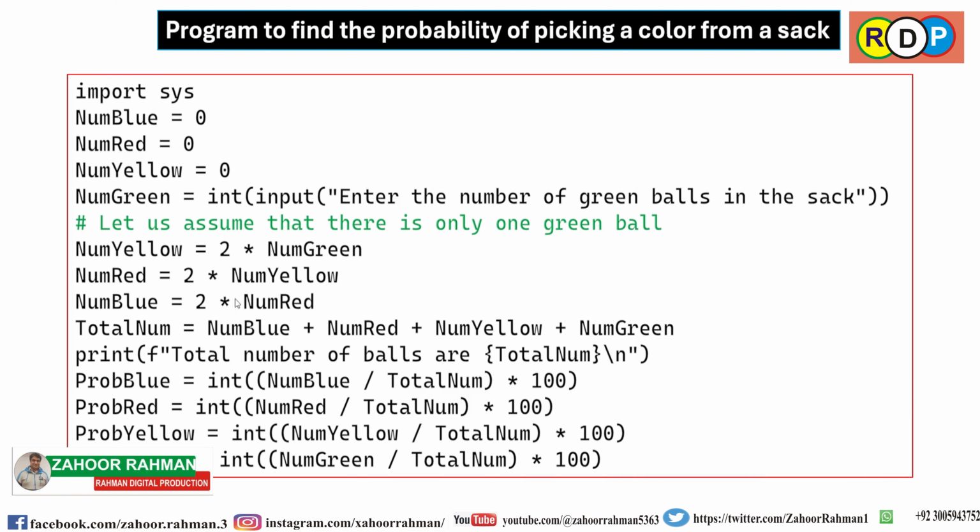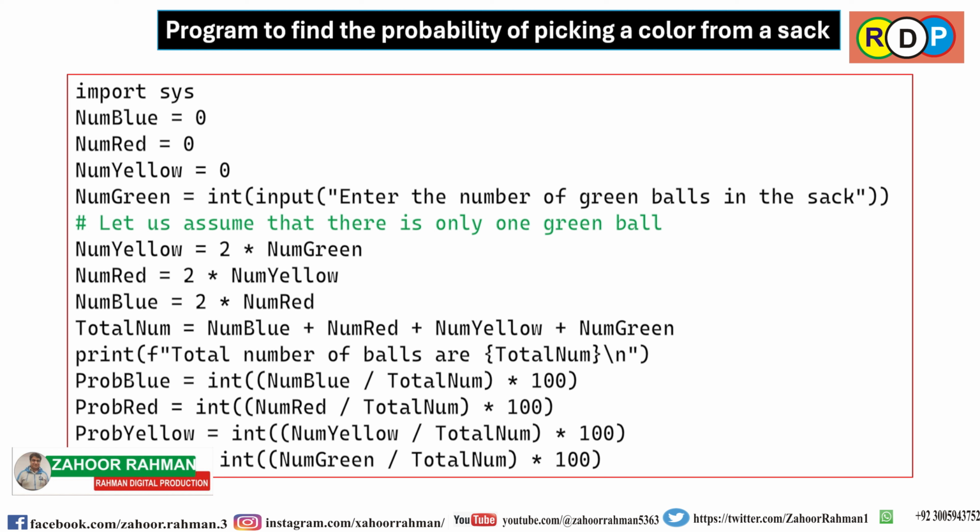They are 8. So 8 divided by total number. So it is 15. 8 divided by 15 will give you a value between 0 and 1. Might be it is 0.53, for example, whatever the computer is calculating.